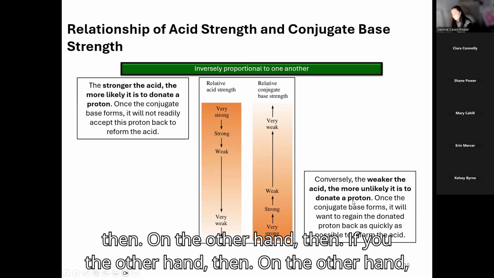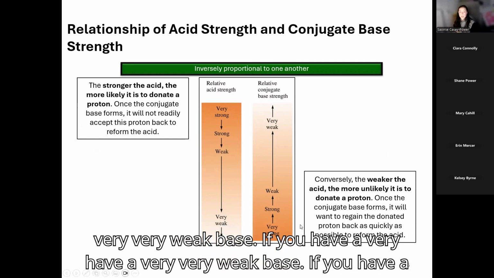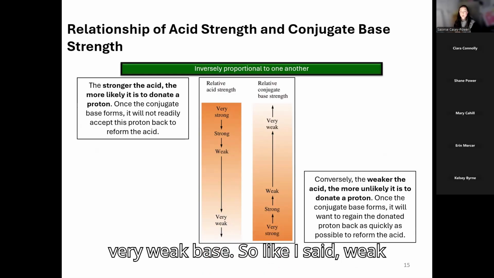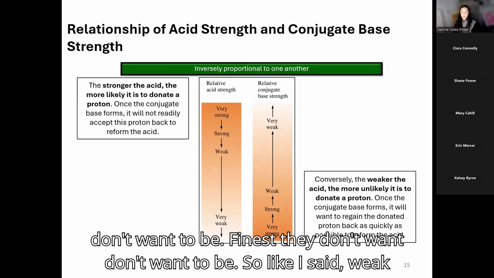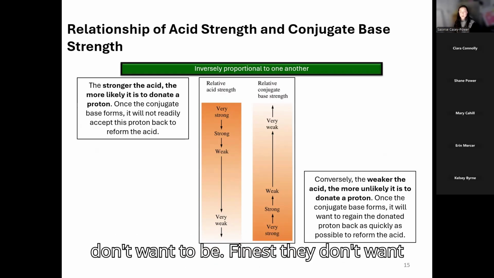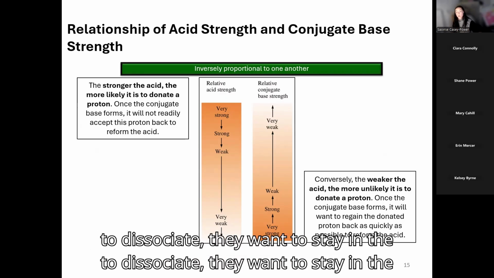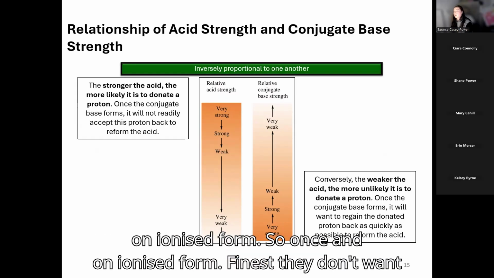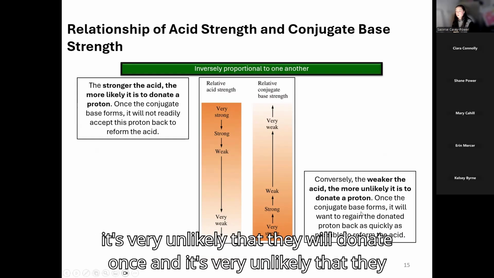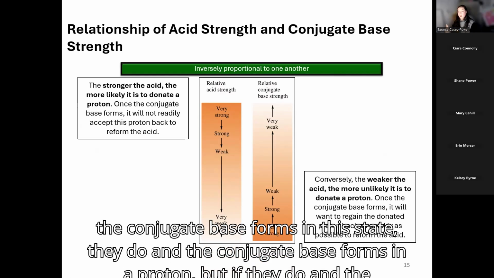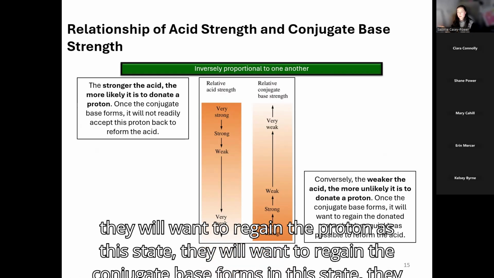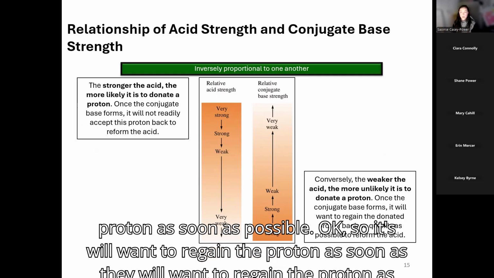On the other hand, weak acids and weak bases don't want to be ionized. They don't want to dissociate. They want to stay in the unionized form. It's very unlikely that they will donate a proton, but if they do, and the conjugate base forms in this state, it will want to regain the proton as soon as possible.